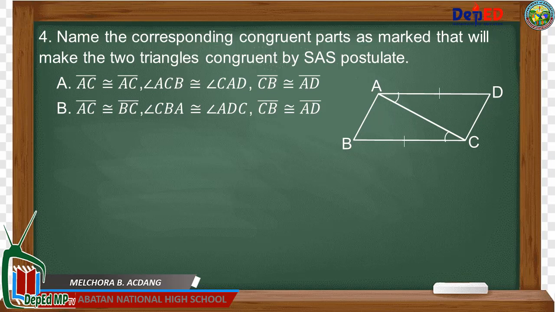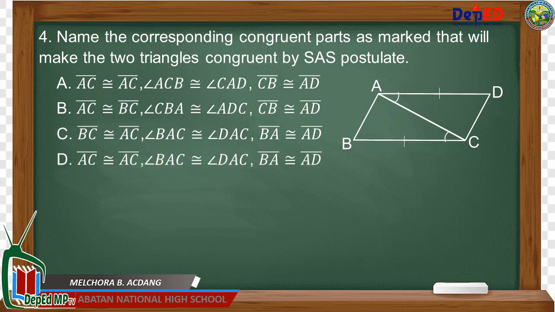Letter C. Line segment BC is congruent to line segment AC. Angle BAC is congruent to angle DAC, and line segment BA is congruent to line segment AD.